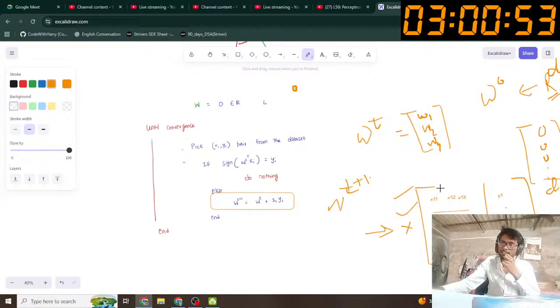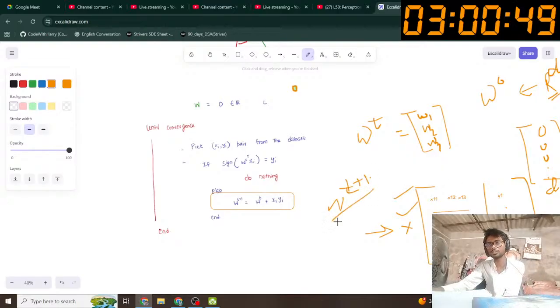But this portion may be wrongly classified by this wt plus 1 parameter. Make this thing very clear in your mind, that wt plus 1 could make a mistake in this region. So as a result, you have to again check the whole data set, whether it is making correct predictions or not.